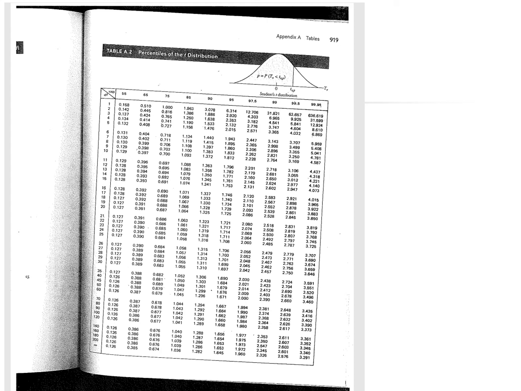So the convention is anytime that it's not on the table to go down to the lowest degree of freedom, right? I wouldn't call it rounding, because even if our degrees of freedom were 99, we would go down to 90, not up to 100. So the rule of thumb is to go down.